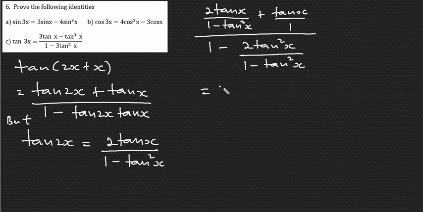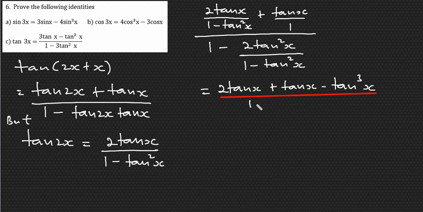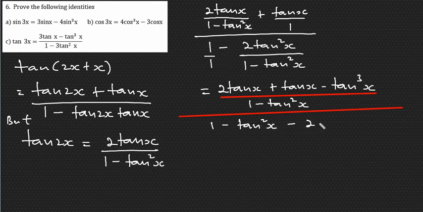So this is going to be 2 tan x, and this will give us tan x times 1, we get a plus tan x, then tan x times negative tan squared x, we get minus tan cubed x over 1 minus tan squared x, then this all divided by, again we are going to cross multiply and transpose, so this will be 1 minus tan squared x, and the other one will be minus 2 tan squared x, then over 1 minus tan squared x.